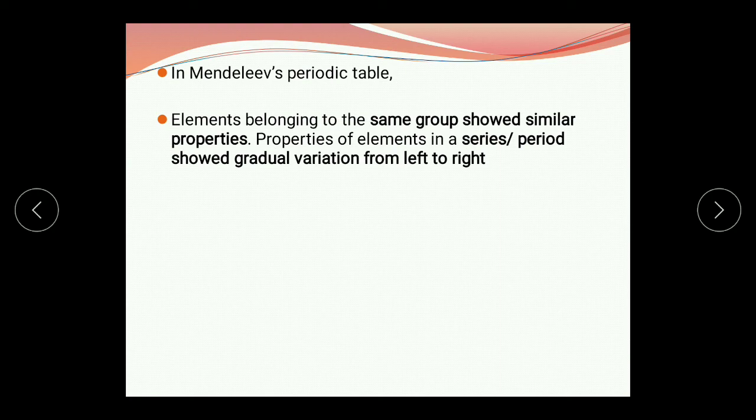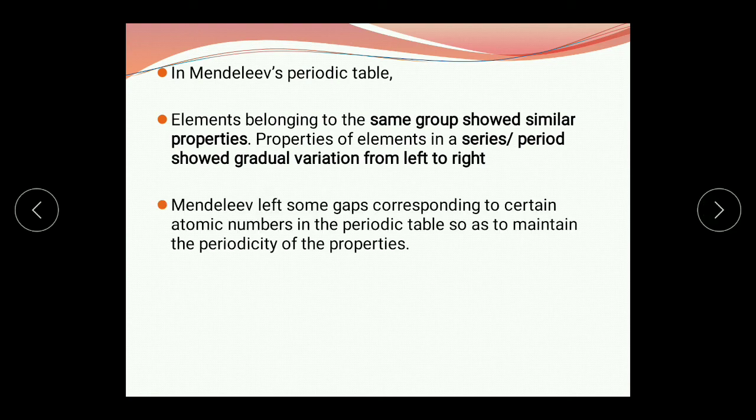And properties of elements in a period or horizontal row showed gradual variation from left to right. Understood? So, the elements in a row show gradual change, while elements in a vertical column, that is a group, show similar properties.